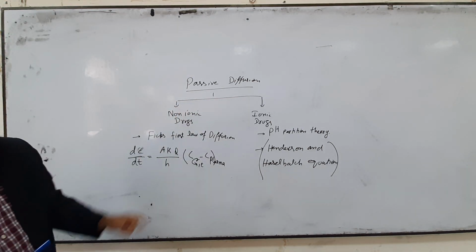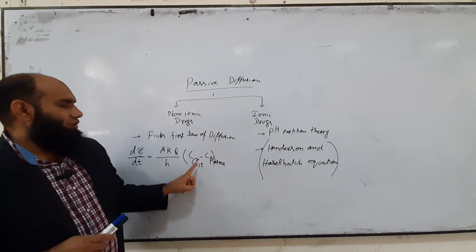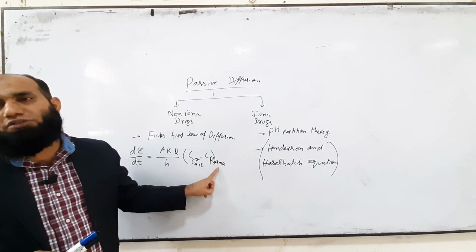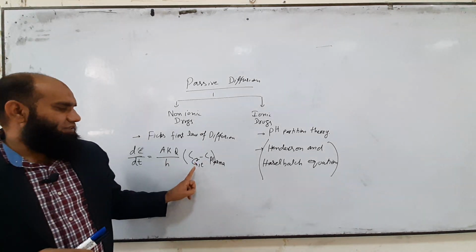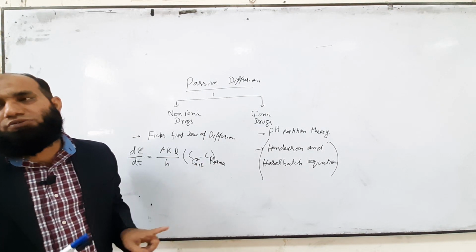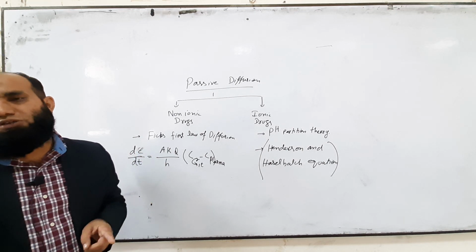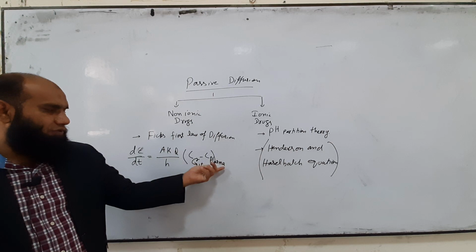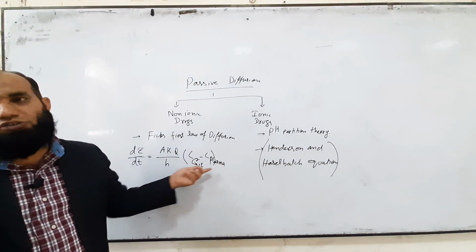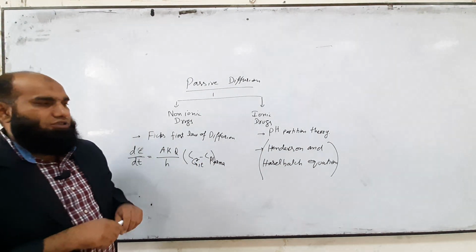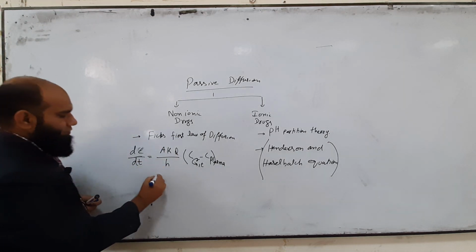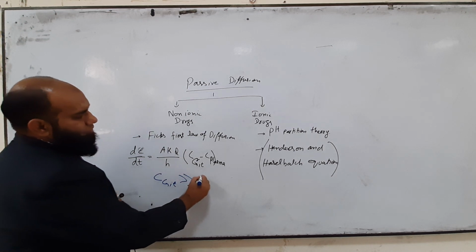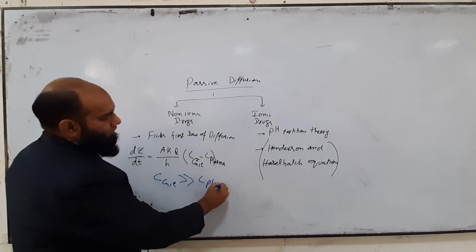The concentration is maximum at the start and minimum in the plasma. Due to the large volume of the plasma and all the tissues, we have a negligible amount of drug there, and this concentration gradient gives a huge difference. We assume that the whole concentration of GIT is much more than the concentration in plasma.